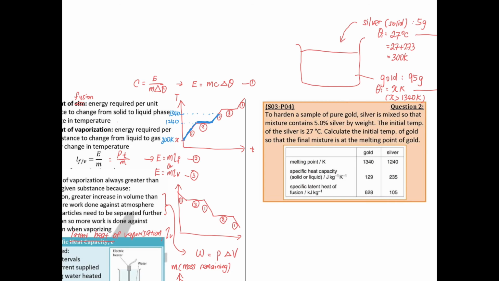Silver will go through the heating up of solid, melting, and then the heating up of liquid. 3 processes. So for silver, you have to use formula number 1 for the heating up of solid. Number 2, you have to use latent heat of fusion. And then number 1 again for the heating up of liquid silver.